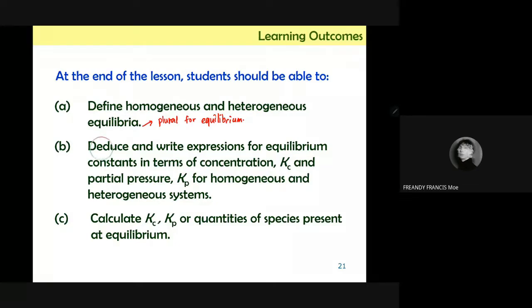Okay. And we should be able to deduce and write expressions for equilibrium constant in terms of concentration of Kc and partial pressure Kp for homogeneous and heterogeneous system. And we should be able to calculate Kc, Kp or quantities of species present at equilibrium.